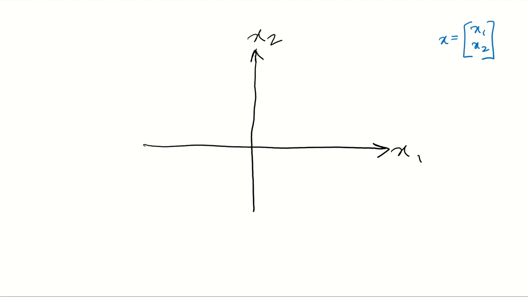So it is any position in this space. This is the x1, x2 point, and this is the vector x. This is x1, this is x2.